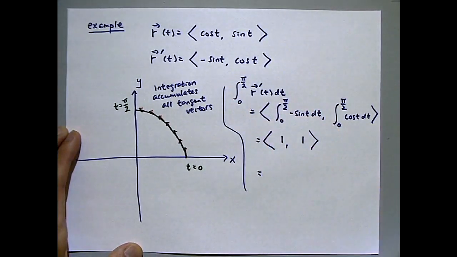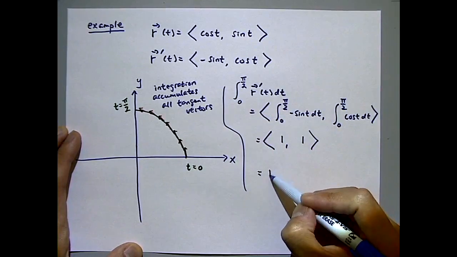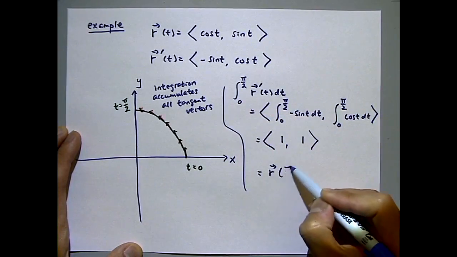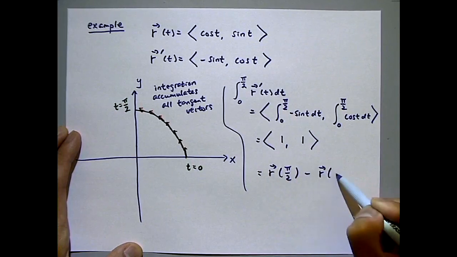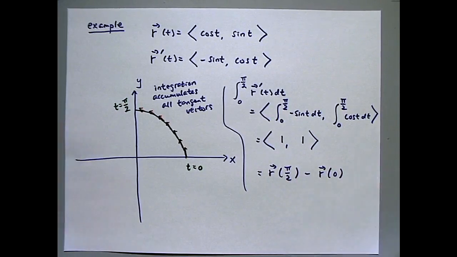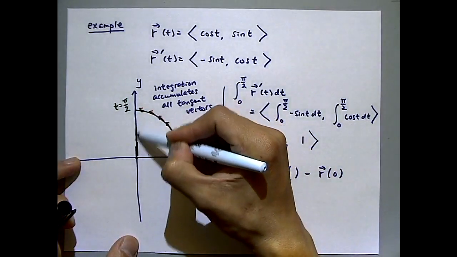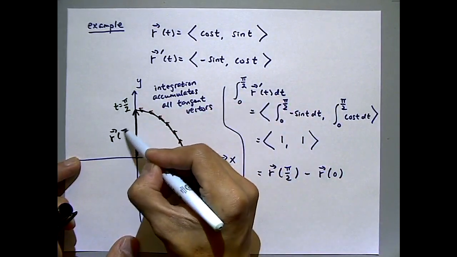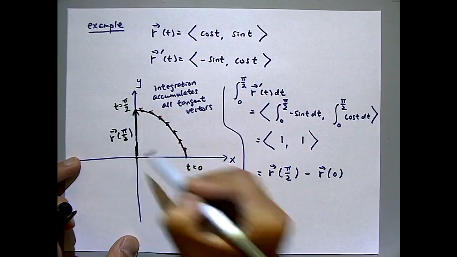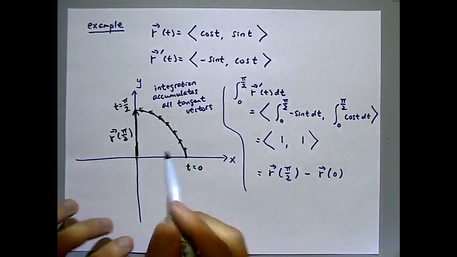But by the fundamental theorem of calculus, this vector is also equal to the position vector at pi over 2 minus the position vector at 0. So this vector that goes straight up, this is the position vector at pi over 2.